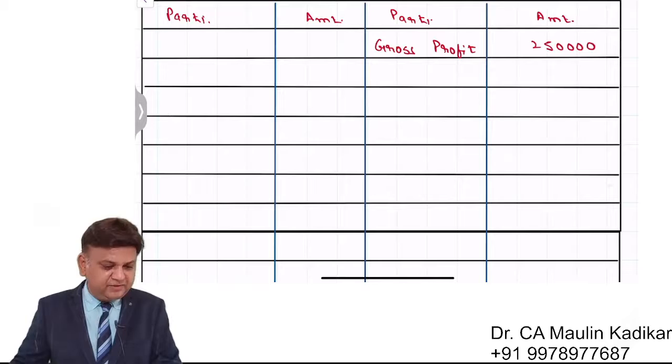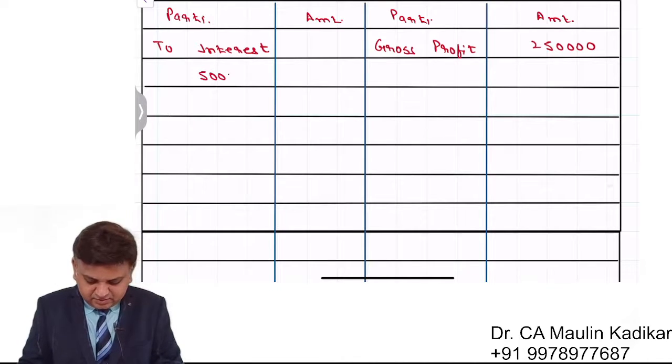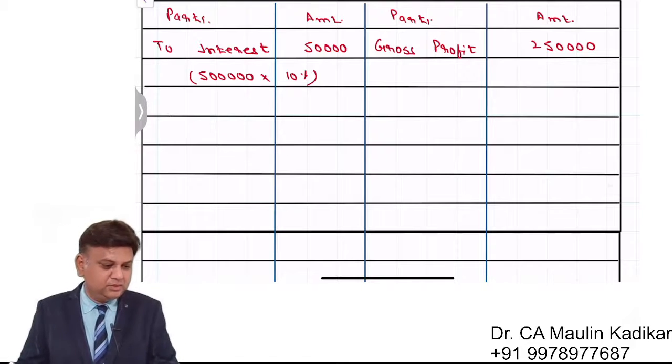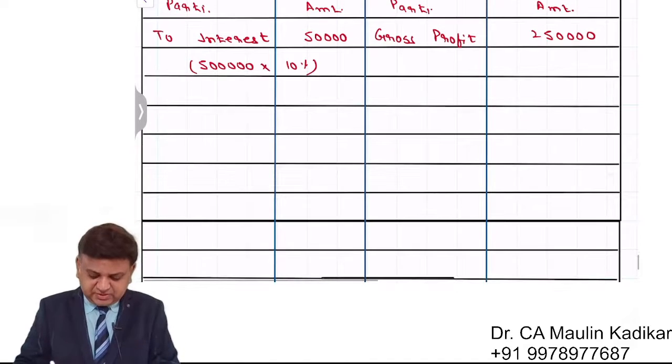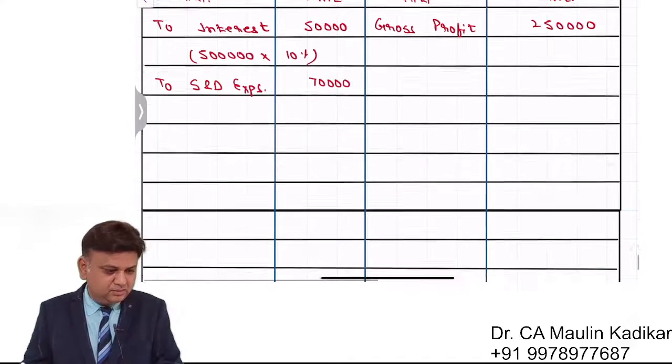On the debit side, we will have like interest, amount of the debentures is 5 lakhs. Rate of interest is 10%. That comes to 50,000. Then selling and distribution expenses. It is an amount of 70,000.